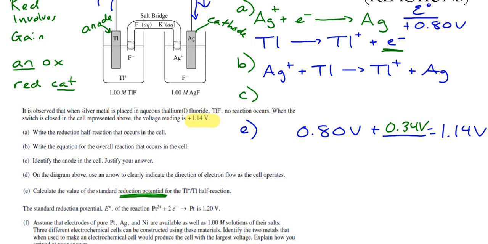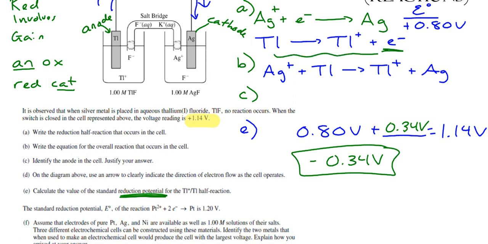Every value is always given as a reduction value. So my answer would have to be flipped. That doesn't make as great of a positive, I understand that, but they always give us all of them. This right here would have been flipped initially. So initially it would be negative 0.34, but then we go, oh, the electron's on the same side. Can't have that.